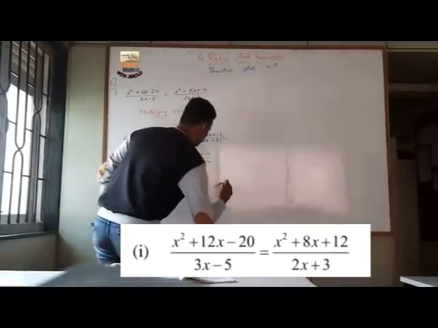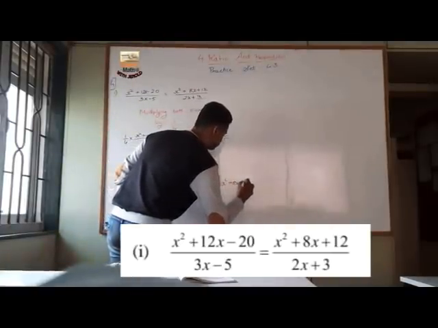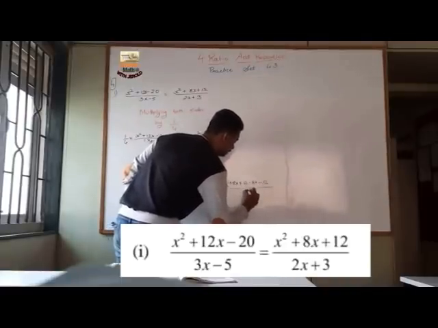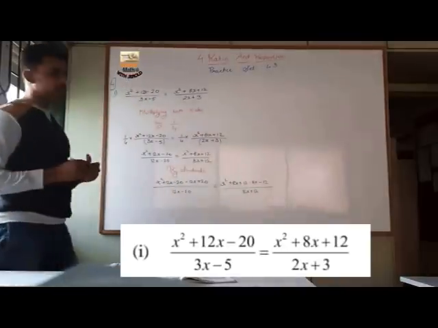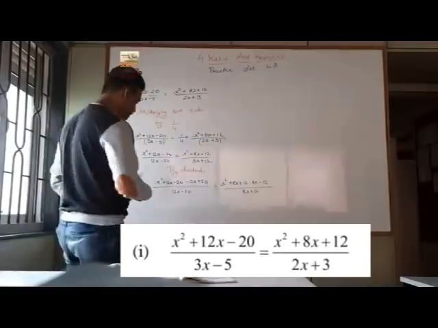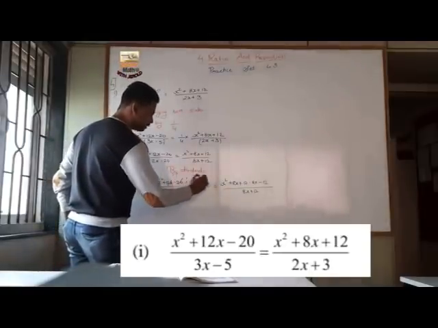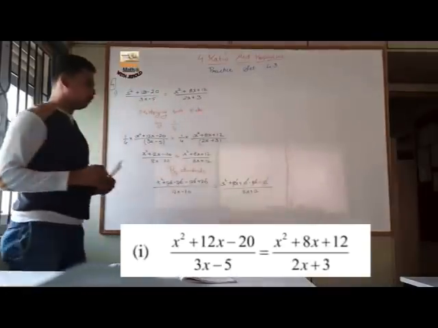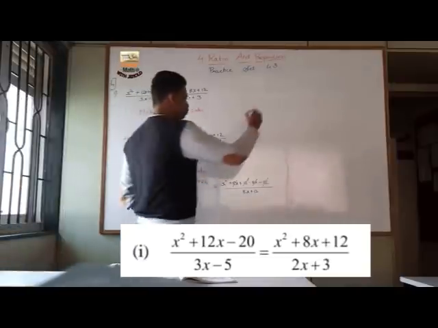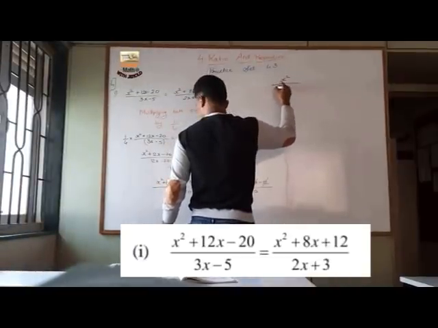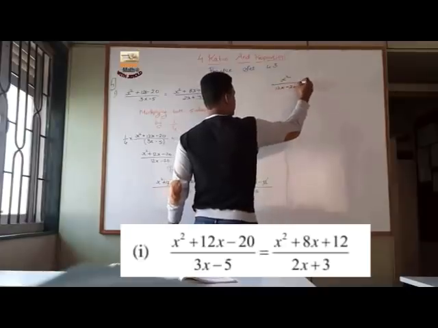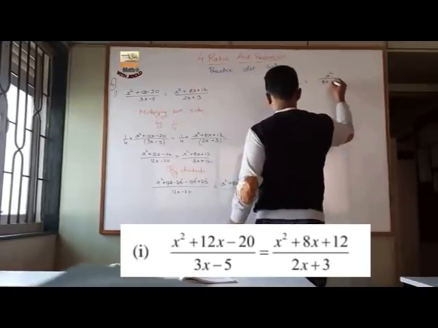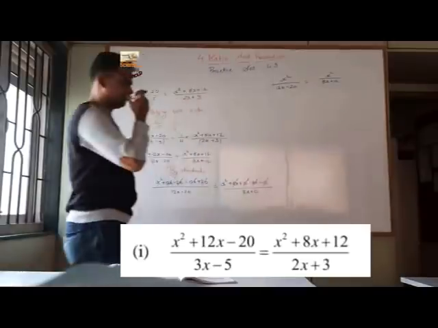Similarly on the other side also, x squared plus 8x plus 12 minus 8x minus 12 upon 8x plus 12. So denominator will remain as they are, and now for cancellations I can do 12x minus 12x, minus 20 plus 20. Similarly 8x minus 8x, 12 and minus 12. Now what I am left with is x squared upon 12x minus 20 is equal to x squared upon 8x plus 12. This is what I am left with.